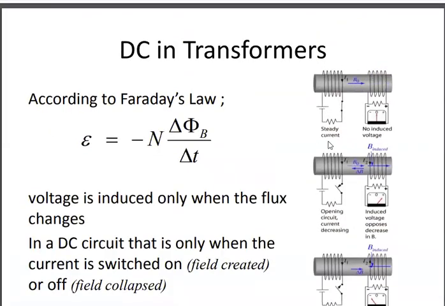In case of DC supply, the battery supplies constant current, so the current is not changing in direction or magnitude. That's why no EMF will get induced, because no flux is changing, because the current is constant, so the magnetic field is constant, and hence the magnetic flux is constant. And if the magnetic flux is not changing, then del phi B upon del t is equal to 0, so the induced EMF is equal to 0 in case of DC supply.